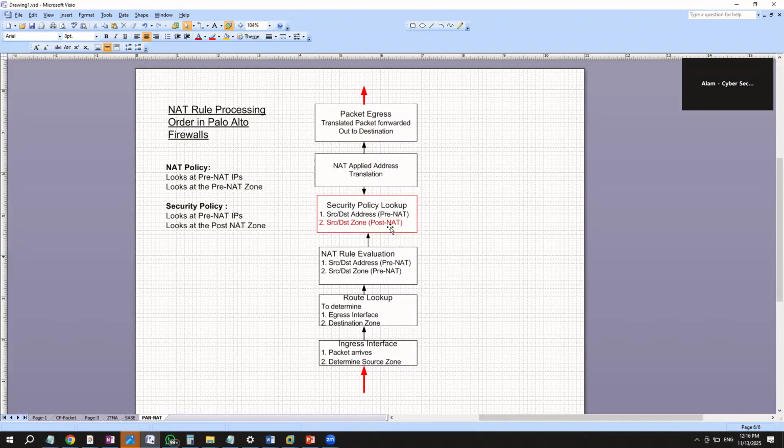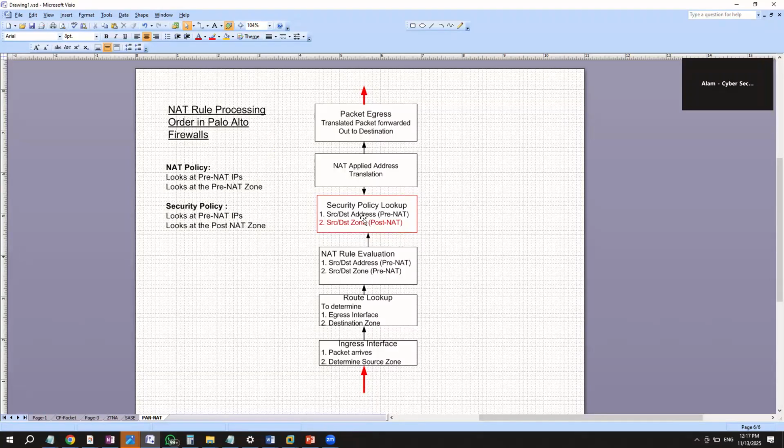Like after the translation, what are the zones? That's what the security policy looks at. If those zones are not put in the translated IP addresses' zones, then the traffic will be dropped.